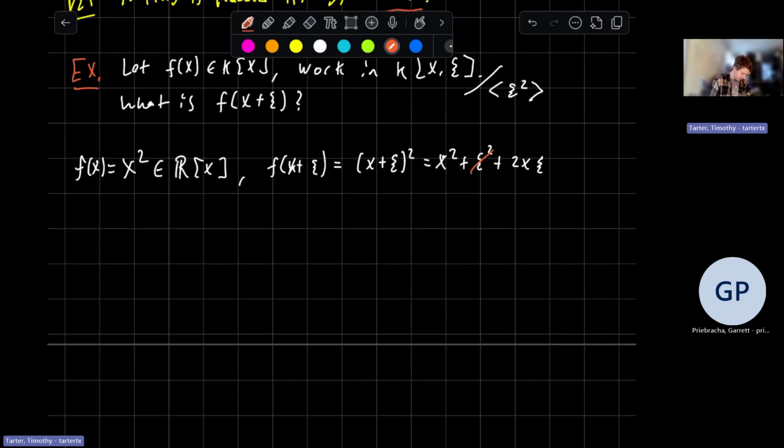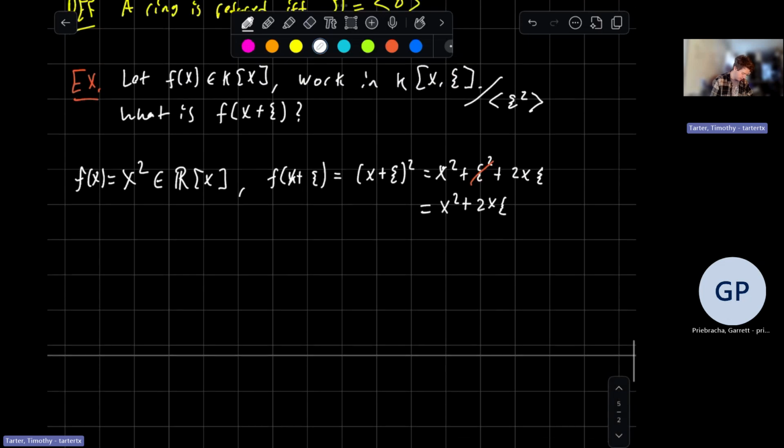But epsilon squared vanishes. That is equal to x squared plus 2x epsilon.